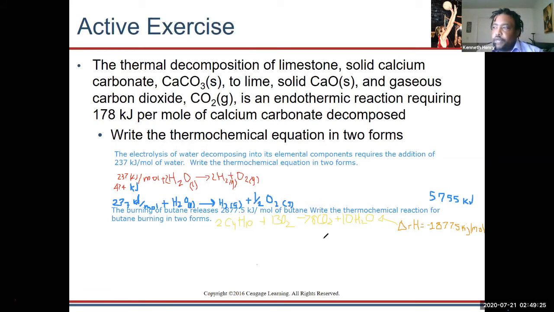So we divide everything based upon 2 in that case. This is one of those cases because you're trying to keep a running tally. Since we're keeping a running tally, we always want to put it based upon what we're looking at specifically. So in this case, we're looking at butane, per mole of butane, per mole of water. So we want to put that in so that it's only 1.